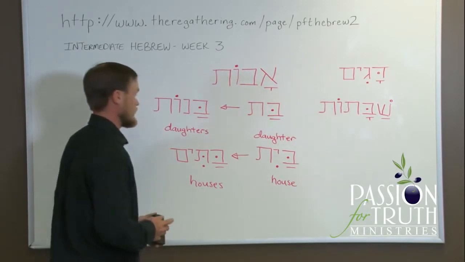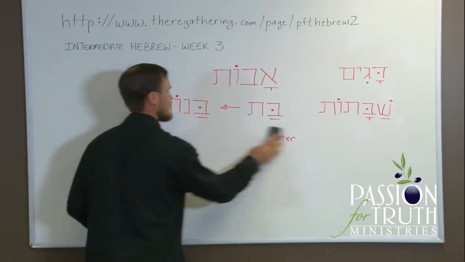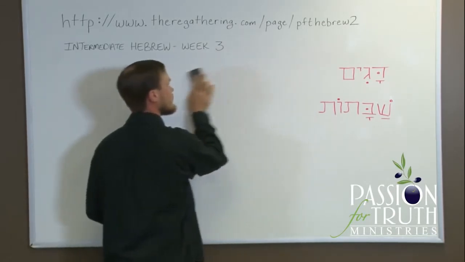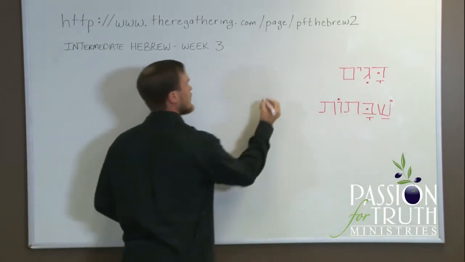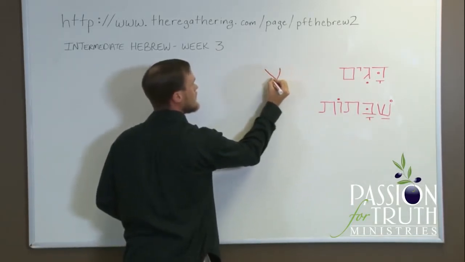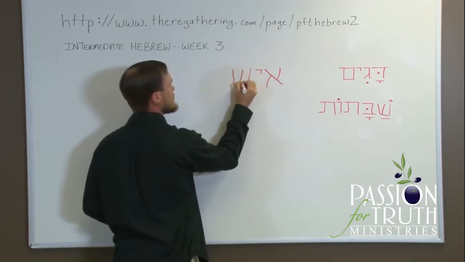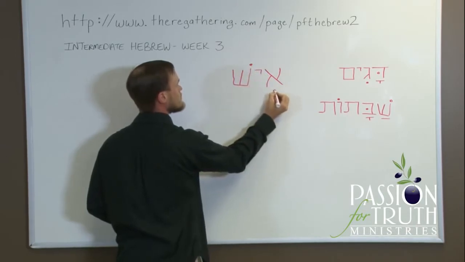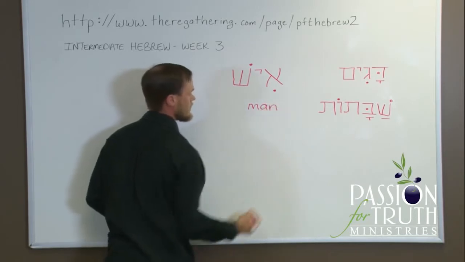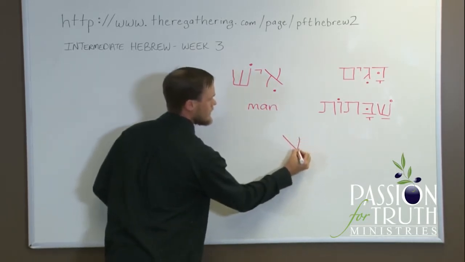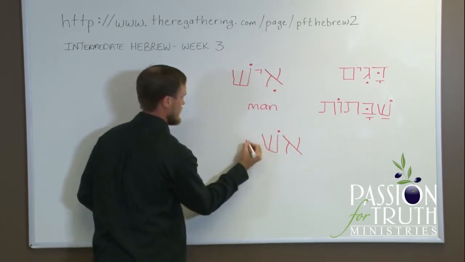And two other very significant words that have irregular plurals. Ish is a masculine noun. And ish is a man. Isha is a feminine noun.